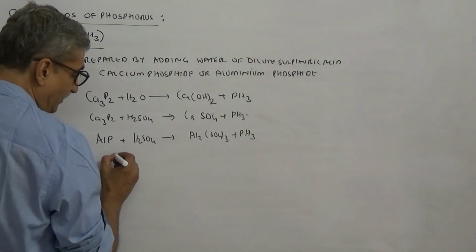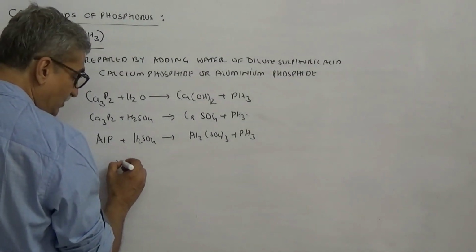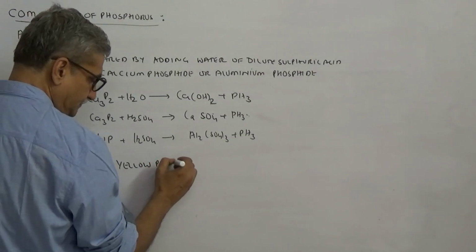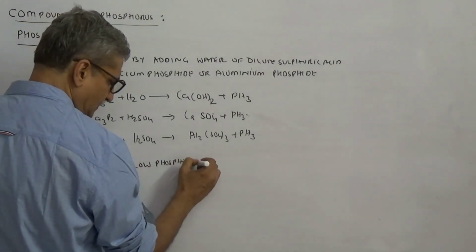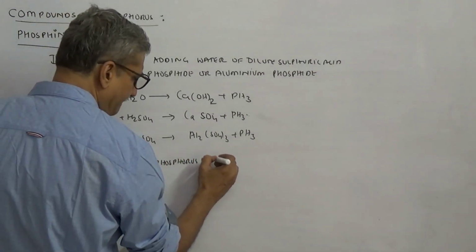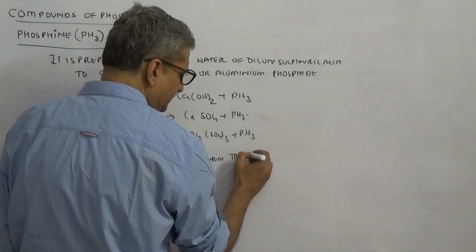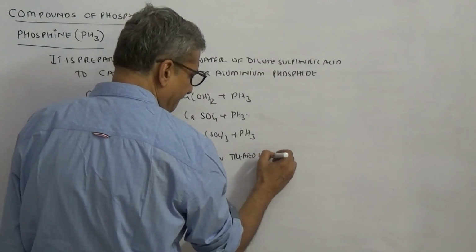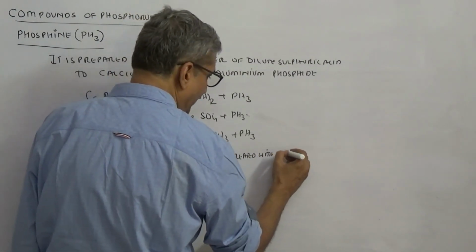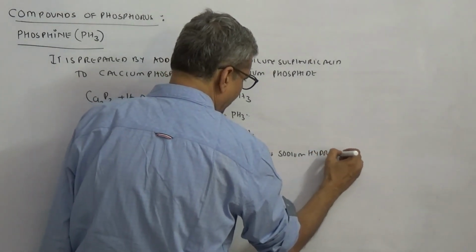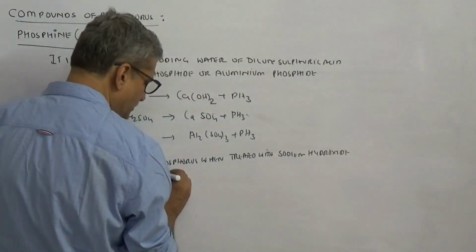Okay. Now the other method is yellow phosphorus. Yellow phosphorus, when treated with sodium hydroxide, produces phosphine.